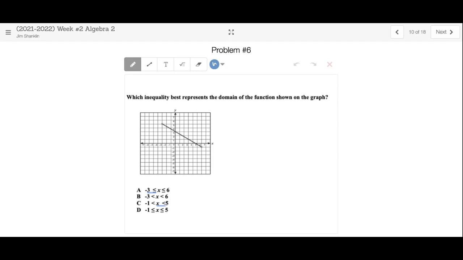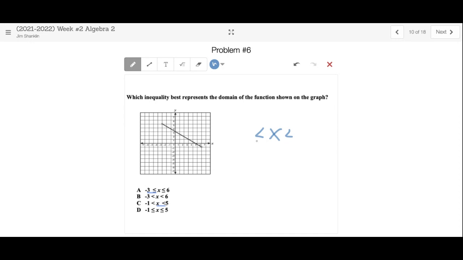Okay, so these are open dots, right? We're using inequalities to answer the question, right? So I know that my inequality, and I'm doing domain. So when I do this problem, I'm using inequalities. This is how I would start this problem, right? Because I know that they're open dots, so I know that this is a less than symbol.